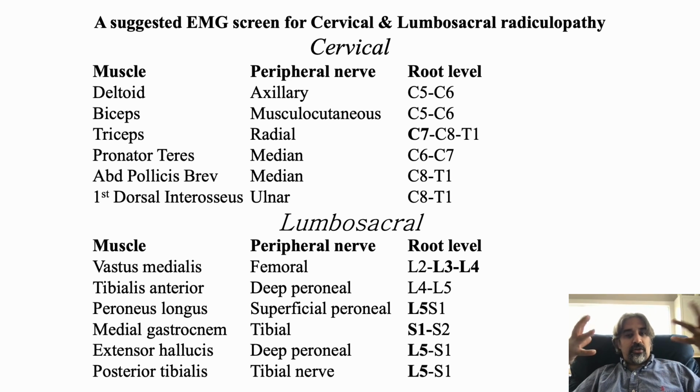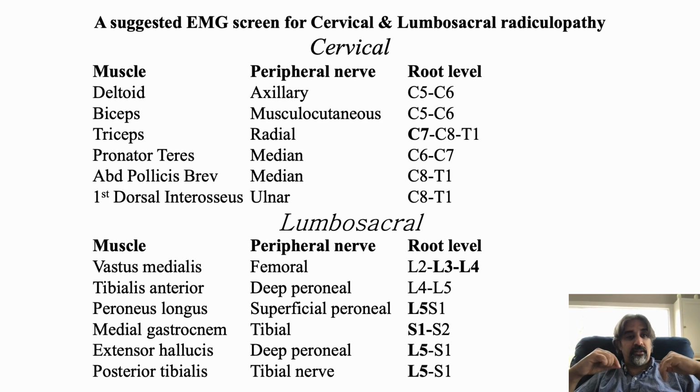This slide shows what we call root screens. You're not supposed to call it that, but that's what everyone calls it. Basically, these are muscles that are chosen for needle examination that represent different myotomes, but if there's a muscle from a similar myotome, then it's innervated by a different nerve.